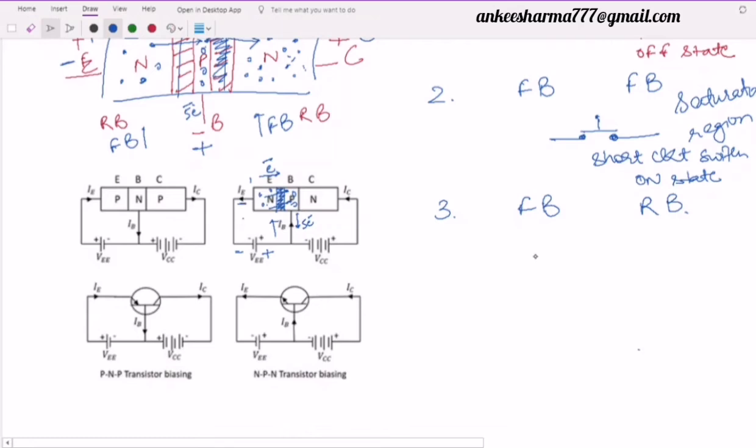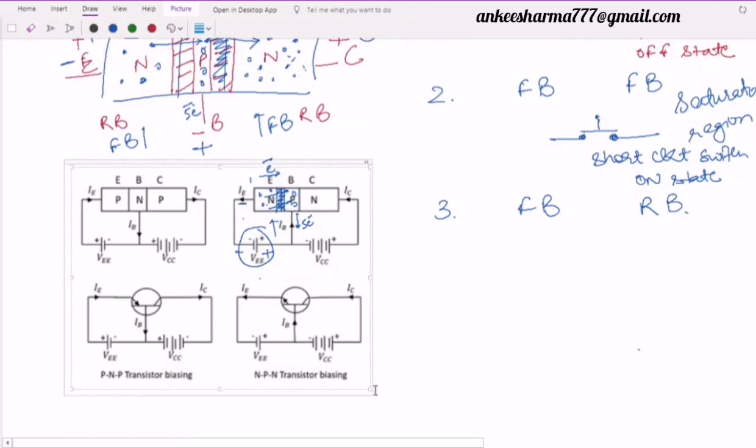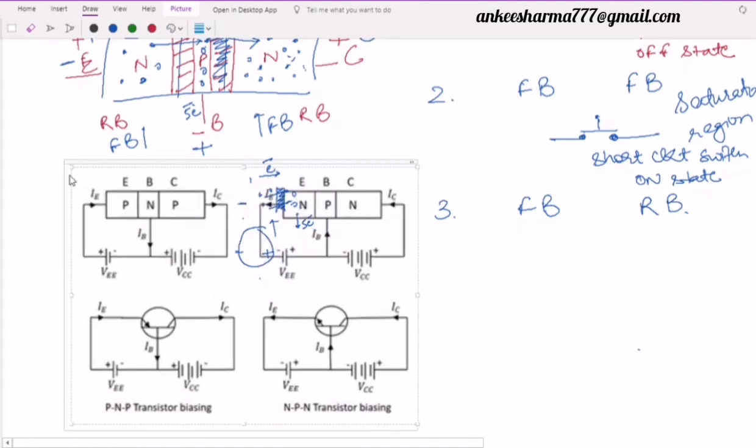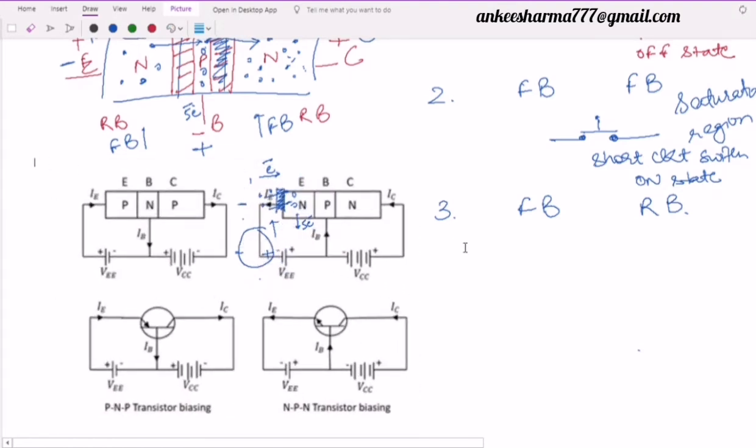This is the forward biasing part, where you have seen that this emitter base is forward biased. What about this second part? If I make this diagram again larger, so you will see here, so you will see in the second part what is going to happen.